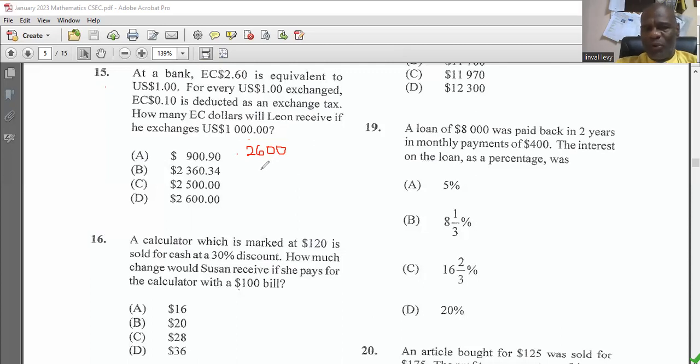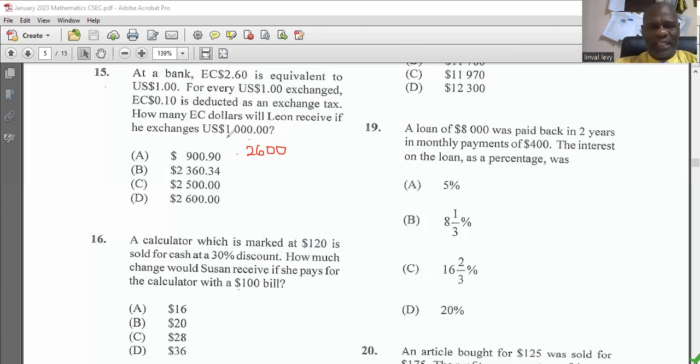So 10 cents would be what? 10 over 100, all right? And 10 over 100 is 1/10, all right? So 1/10 of $1,000 is $100. You can try to multiply it, but in the exam you won't be able to use your calculator.